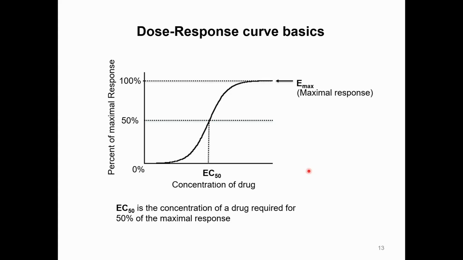Once again, EC50 is defined as the concentration of drug that gives you 50% of the maximal response. But be aware that we can also take this x-axis and take the log of the concentrations, and you'll go from that N-shaped curve to this sigmoidal shaped curve. And the reason you oftentimes see dose-response curves presented with the log scale on the x-axis is that it makes it easier to figure out what the EC50 is, basically.